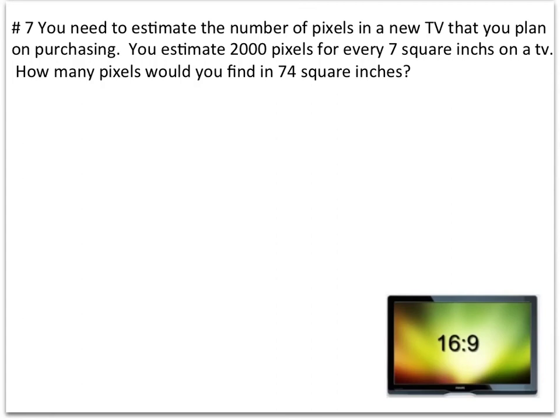So this is just a proportion that we can set up. We can set up the ratios and create an equation with it. What we have is 2,000 pixels for every 7 square inches, and we want to know how many pixels are in 74. So the proportion is set up as such.